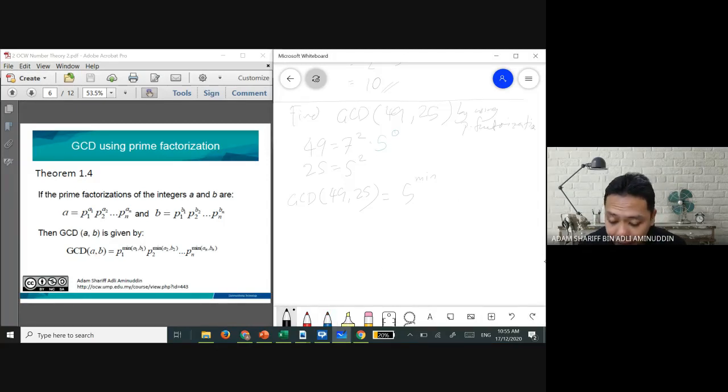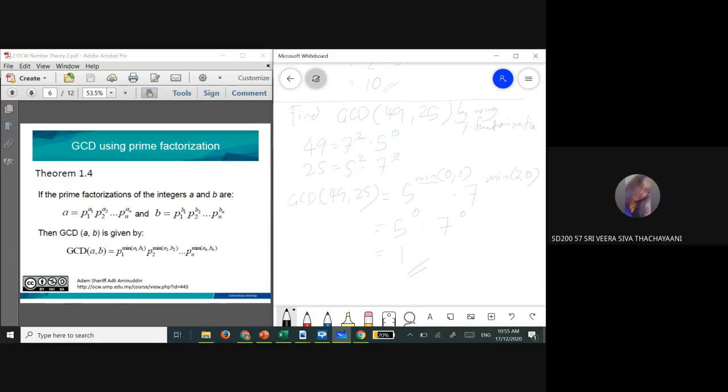So 5 minimum 0 and 2, and same goes for the 7. You need to develop a dummy variable 7 to the power of 0, so you can compare 2 and 0, times 7 minimum 2 and 0. Therefore 5 to the power 0 times 7 to the power of 0, it will be 1.